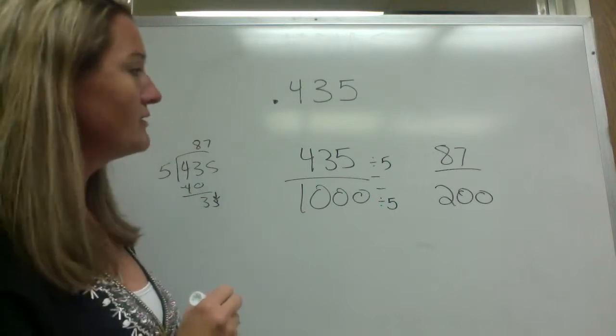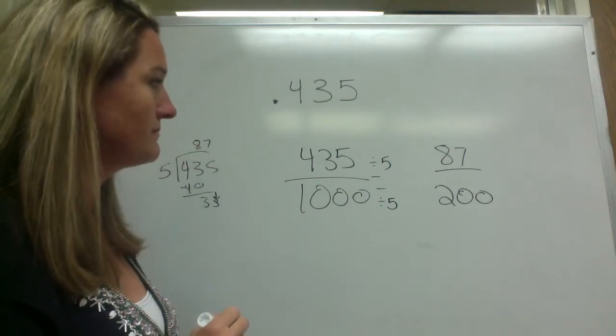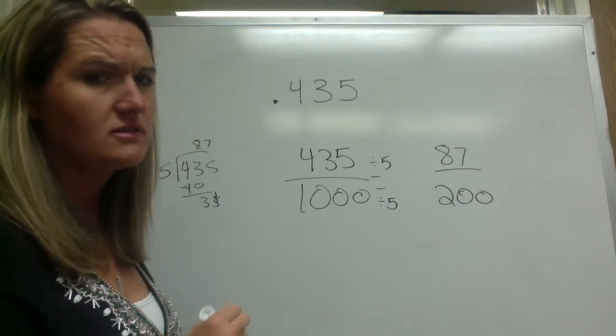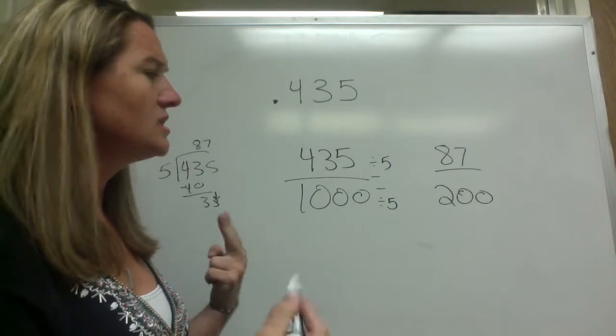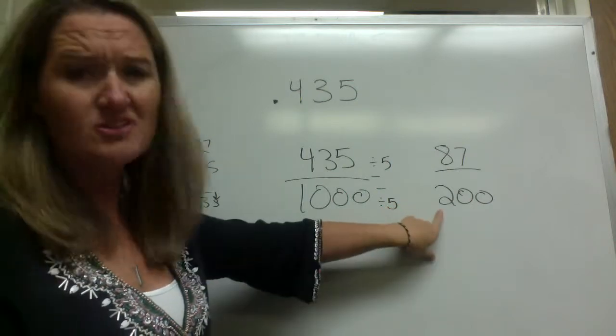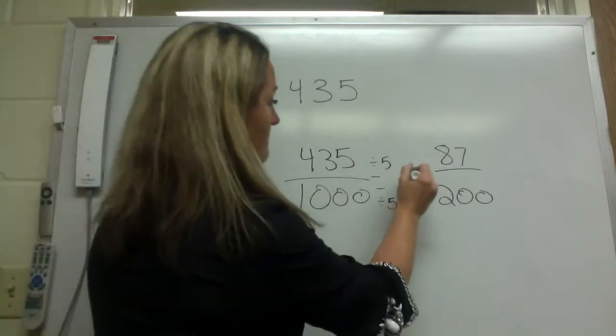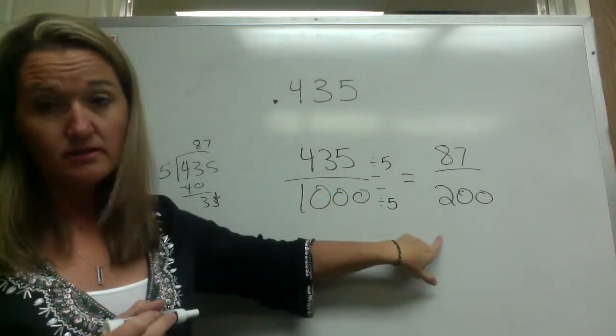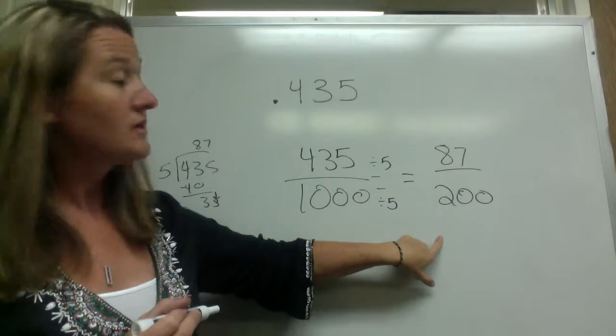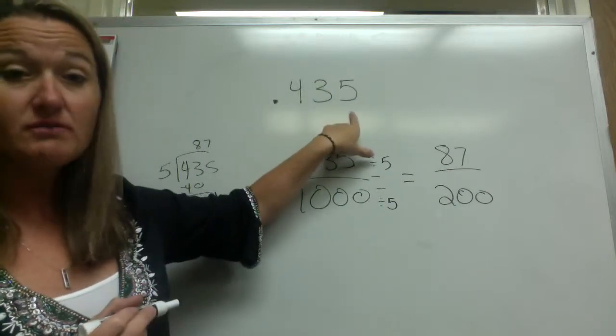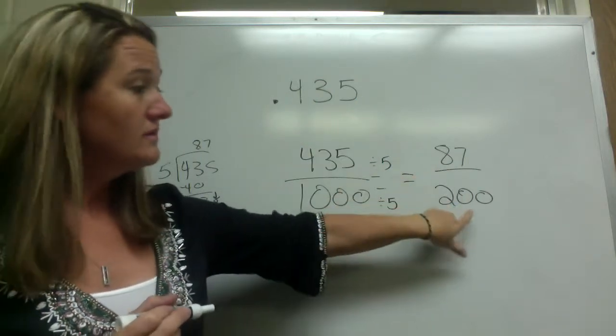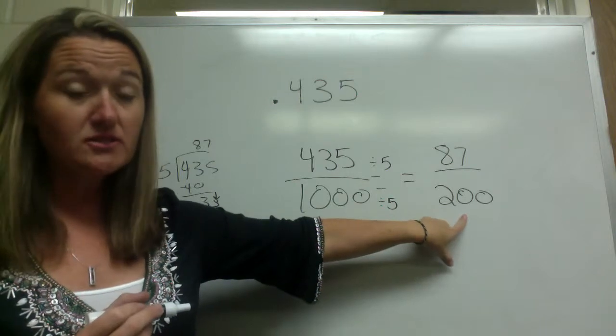Well, 87, I know 3 goes into there because 8 plus 7 is 15, and 15 divided by 3 works. But 3 doesn't go into 200. So I'm pretty sure this is in lowest terms. So 435 thousandths as a decimal is this fraction in simplest terms.